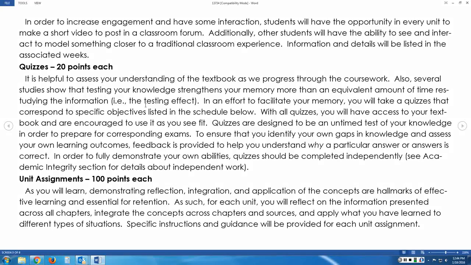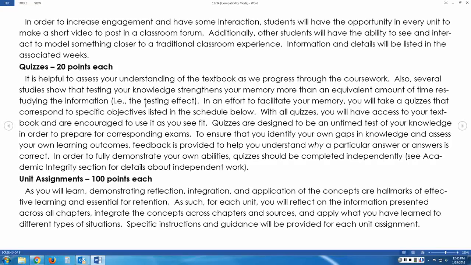And then there's also a connect section. So I really want you to think every single chapter and every single week about, well, how is this information useful? Why would I learn this information? How can I make my life better, my future career better, my schooling better? What are the ways that I can take this idea and apply it to the real world or apply it to a number of different contexts?